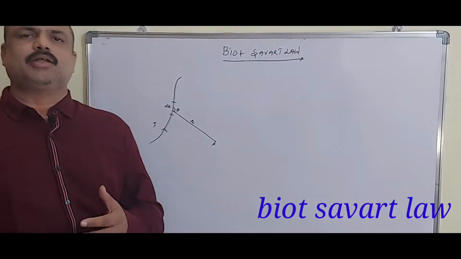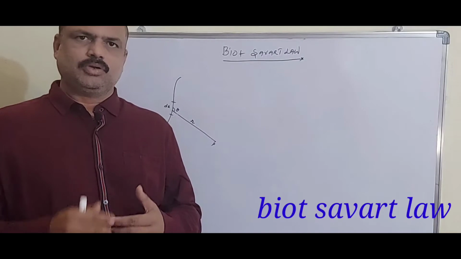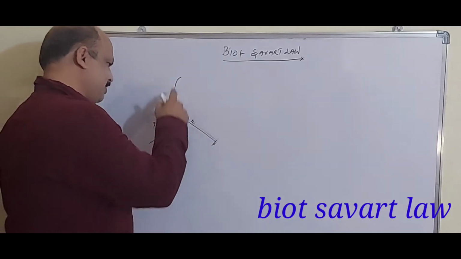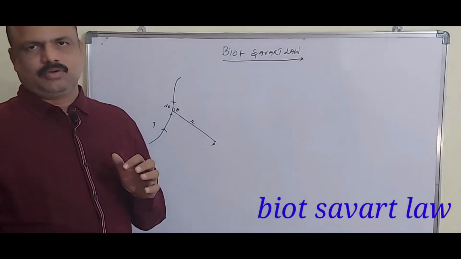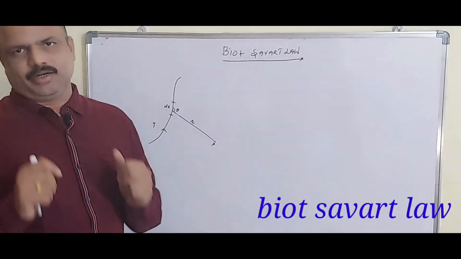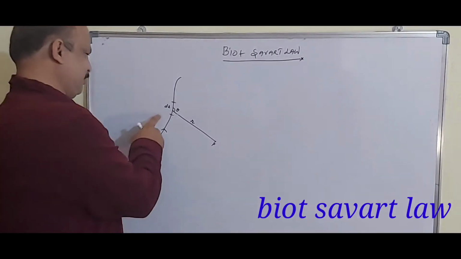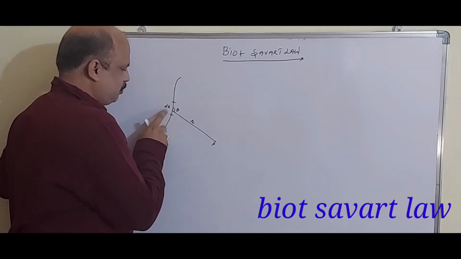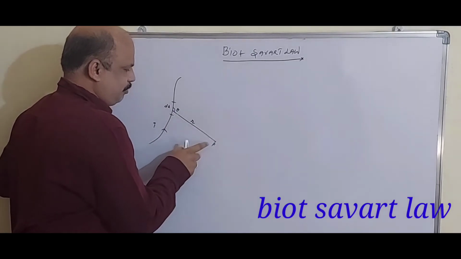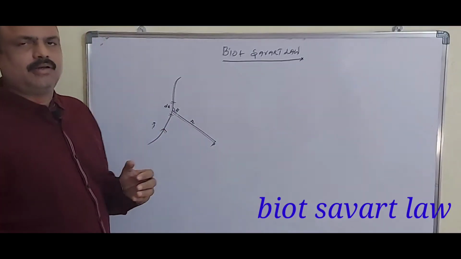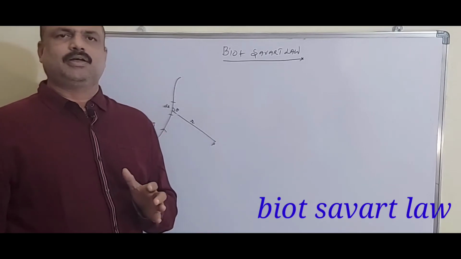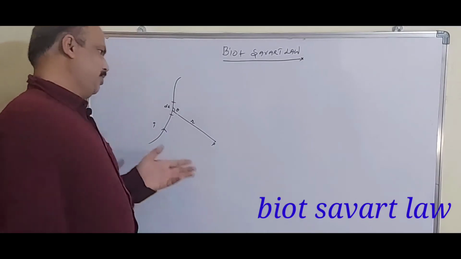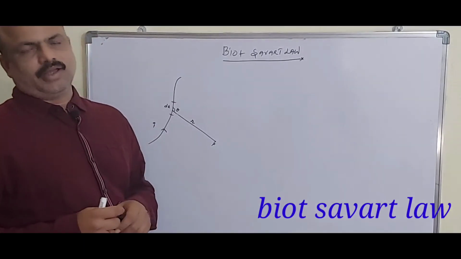To find out the magnetic field due to the total length of the conductor, first let us divide this conductor into very small elemental lengths dl. Now we find out the magnetic induction due to this small element at a point P, which is at a distance r. After that we integrate that magnetic field. Then we can find out the total magnetic field due to the entire length of the conductor.